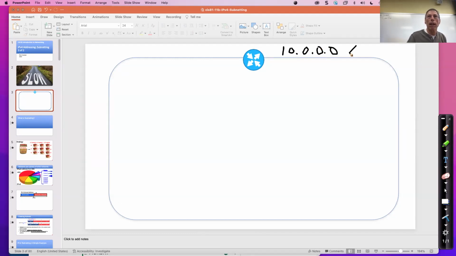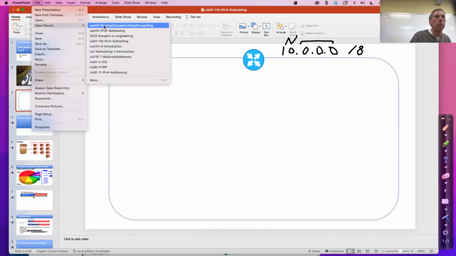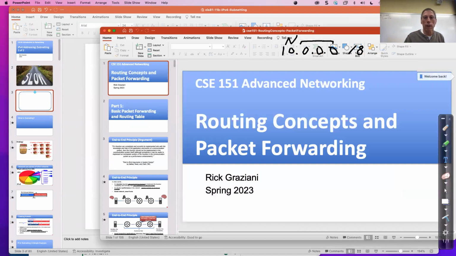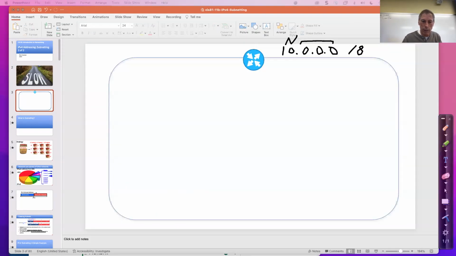I'm going to make this what we call a /8. So that means this is the network part. And these are the hosts. So what does that mean as far as my host devices? Let me bring up my little PowerPoints here so I can grab some icons that I was using.